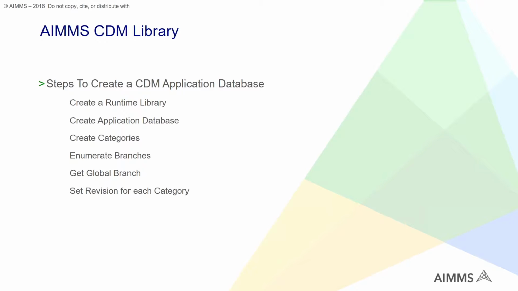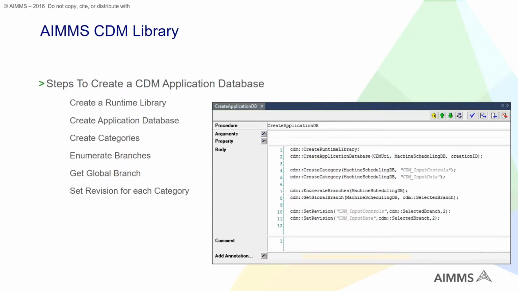We have to run a procedure that creates each of the categories we had defined in the previously mentioned annotations. We enumerate all of the branches that we have, which originally is only the master branch. We have to pull all of those global branches to our model and then set a revision for each category. So meaning on each category level, we have to set a revision.